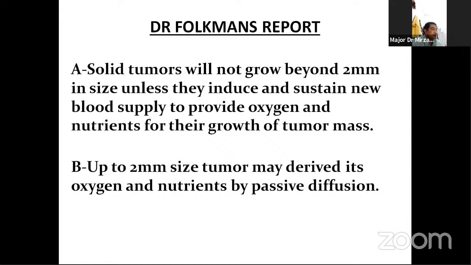Why is 2 millimeters taken? Because up to 2 millimeters, the tumor derives its oxygen and nutrients by passive diffusion. So a tumor does not need any extra blood supply or neovascularization up to 2 millimeters or less to sustain its life.